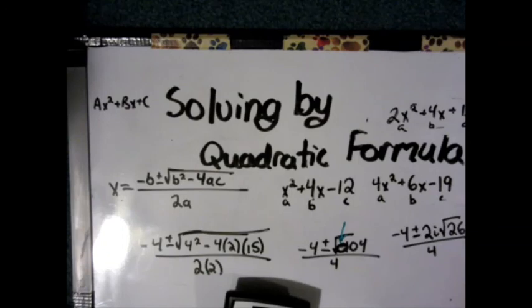And again, we can either leave it like this or simplify further, so negative 1 plus or minus 1/2 when those are divided, i times square root 26. And that is quadratic formula.